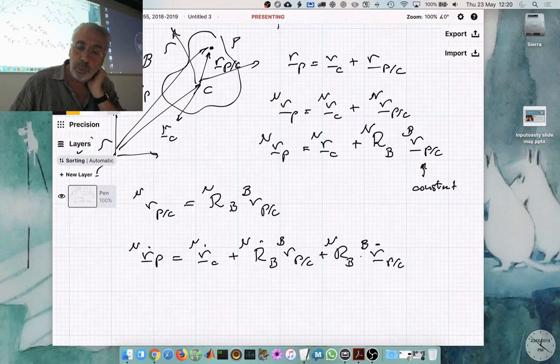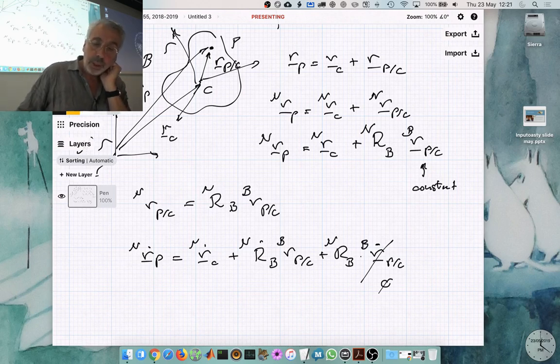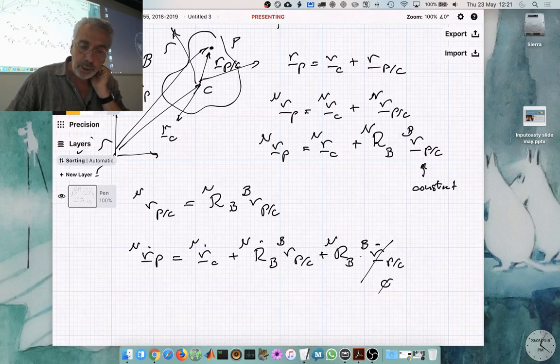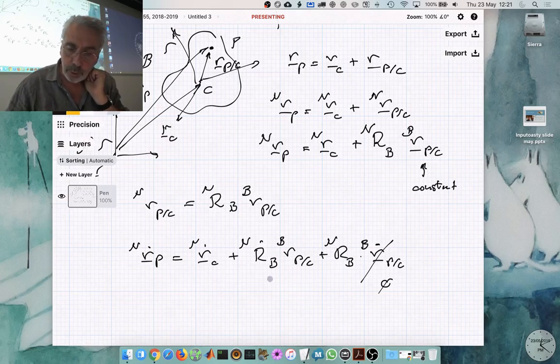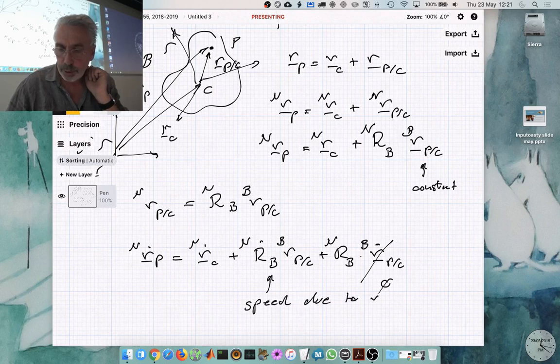And now you understand why I love to have these numbers here, because this is of course always 0. Because these numbers are constant, so this term is irrelevant. So the speed now of point P is the speed of the center of mass plus, and this is really the speed due to rotation. And we focus on that one.